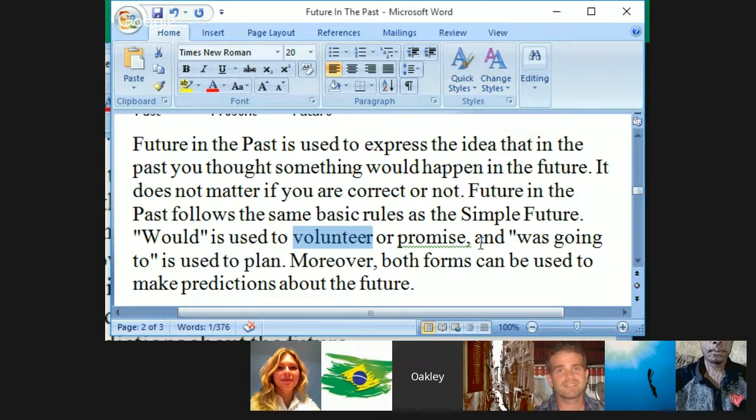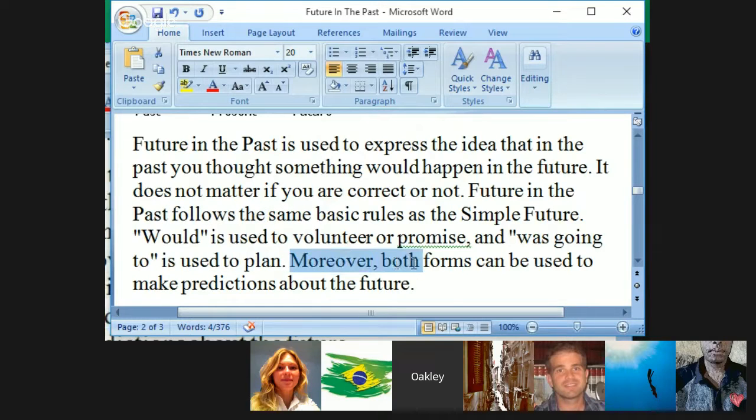Okay. The going to in the simple future is always used to talk about something which is a plan, something that you have thought of before, not a spur of the moment decision, but something that was planned and considered beforehand.